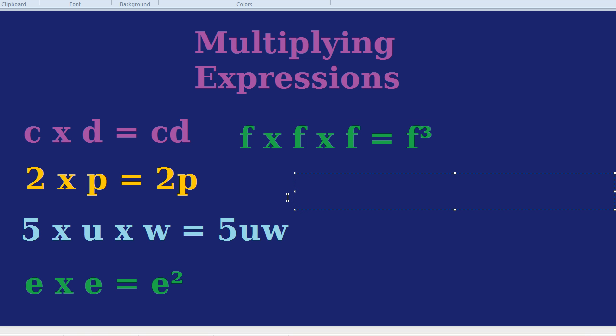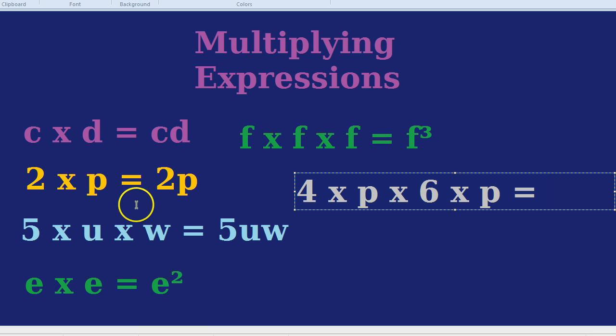Let's try numbers and letters multiplied at the same time. So 4 times by P times by 6 times by P. Well, as you can imagine, they're all going to be right together, and what's going to come first is the number.